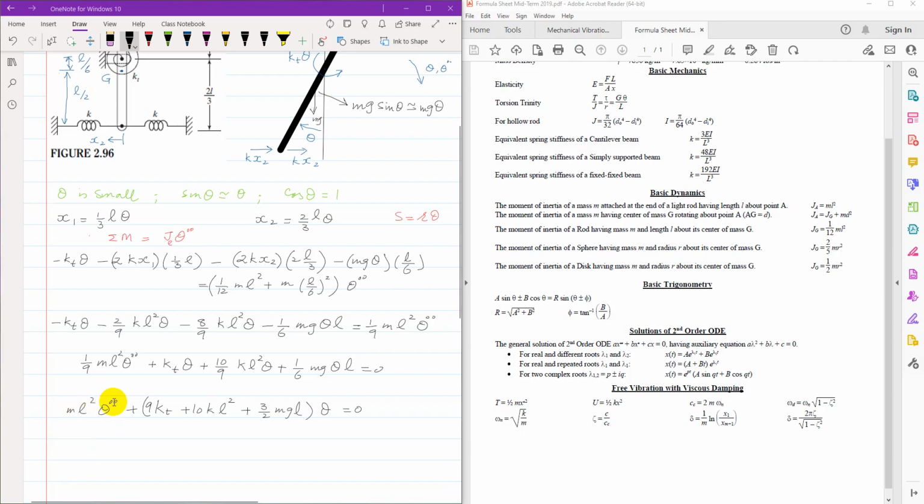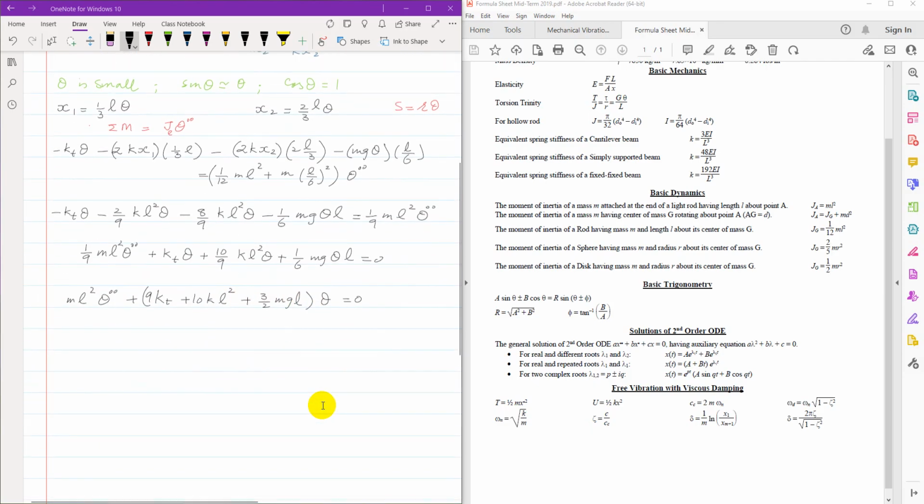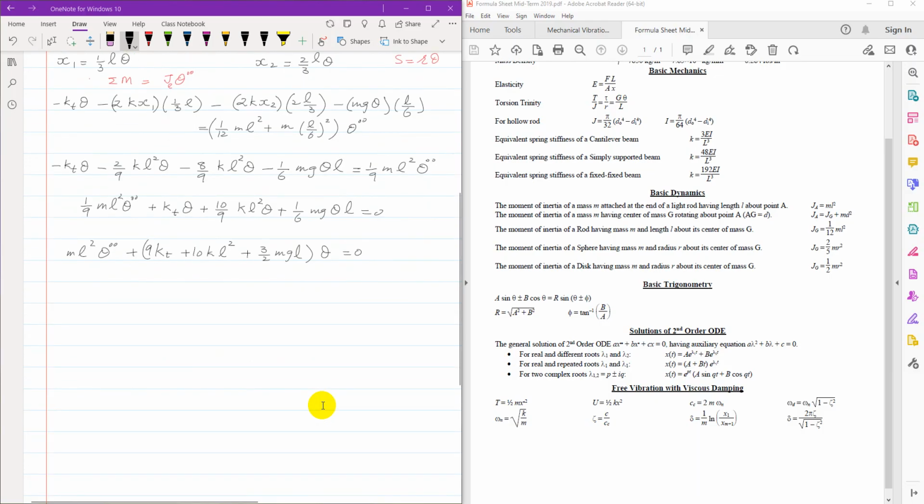So it will become ml squared theta double dot plus (9 kt plus 10 k L squared plus 3 over 2 mgL) times theta. So that is now the equation of motion.